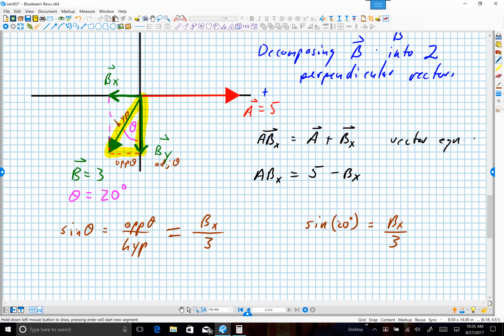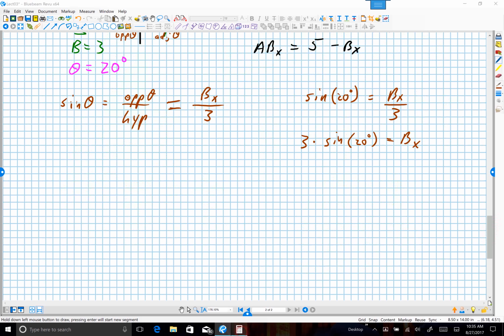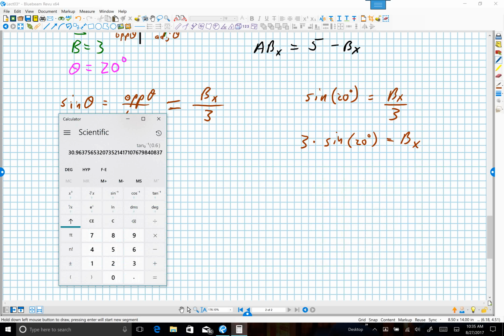There's a little algebra problem to solve, just like we did the other day in the homework and in prior lectures. If I multiply both sides by 3, I can say 3 times the sine of 20 degrees equals bx. I can do that because I have my calculator. My calculator says I can take 20 degrees, take the sine of it, so turn this off, and now I get just sine here.